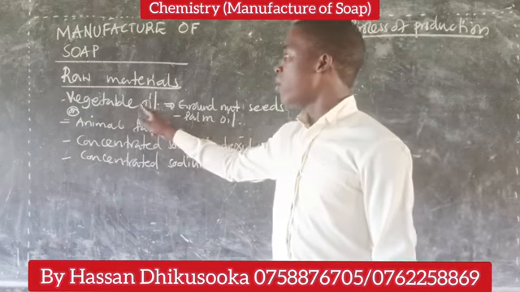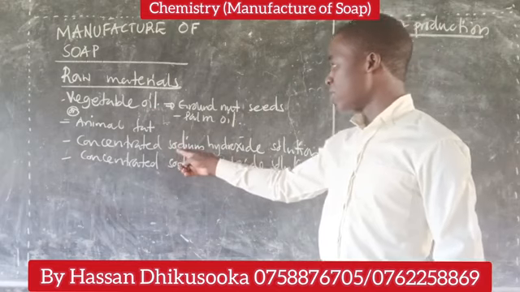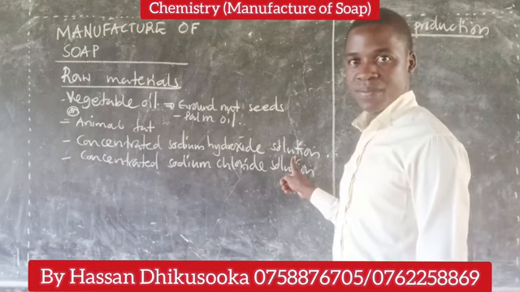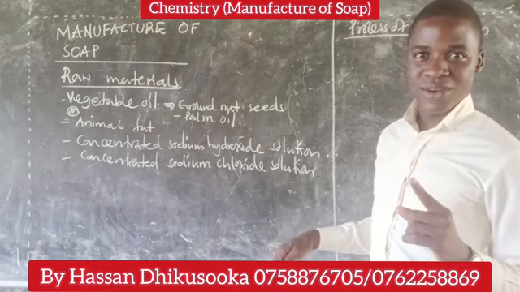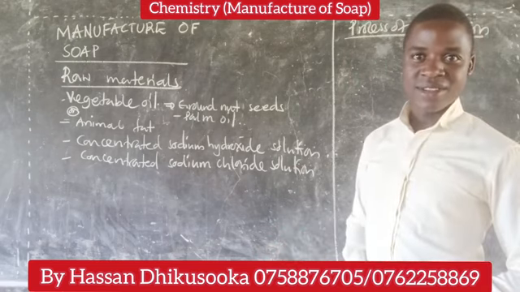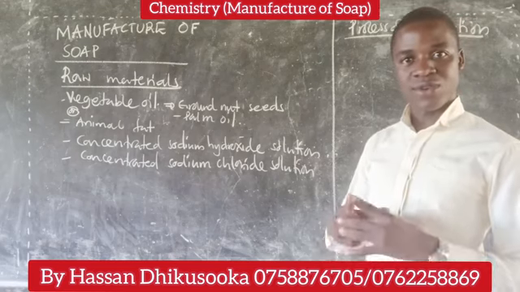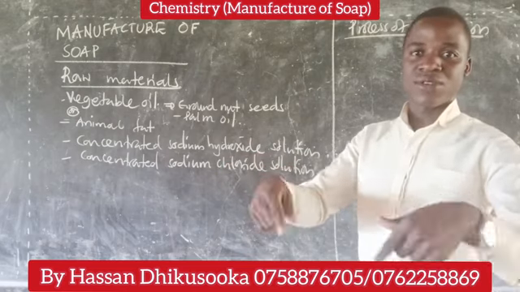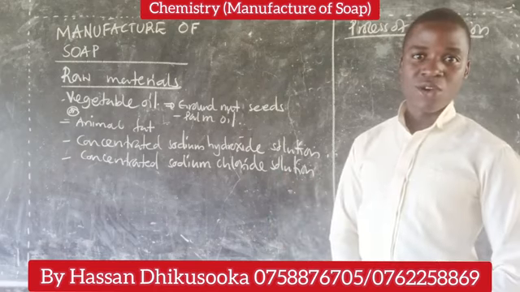Now, the vegetable oil is heated with concentrated sodium hydroxide solution. We are talking about concentrated sodium hydroxide solution, not sodium hydroxide alone, meaning you already dissolved the pellets of sodium hydroxide to obtain a solution that is highly concentrated.